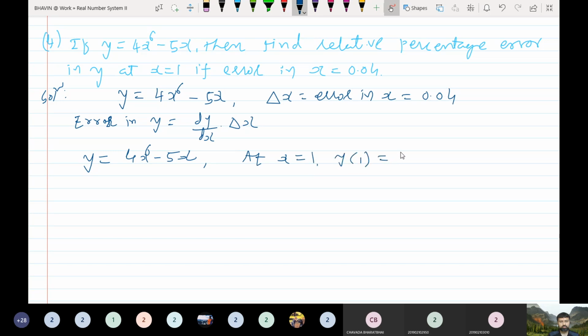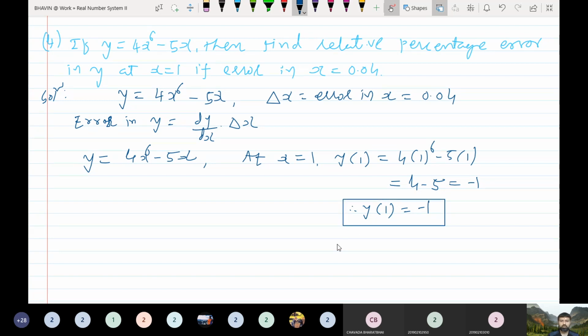Just replace x by 1. So 4 into 1 raised to 6 minus 5 into 1. 4 minus 5, that is minus 1. Therefore y1 is just minus 1. Okay. So we have found the value of y at 1.